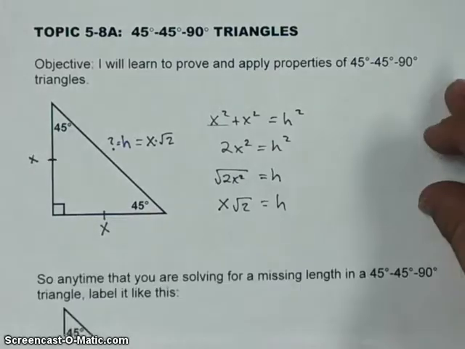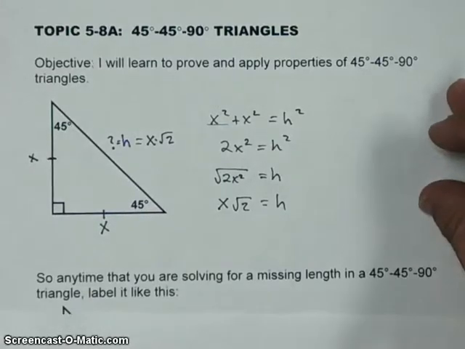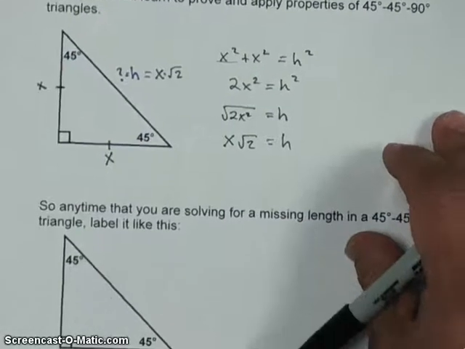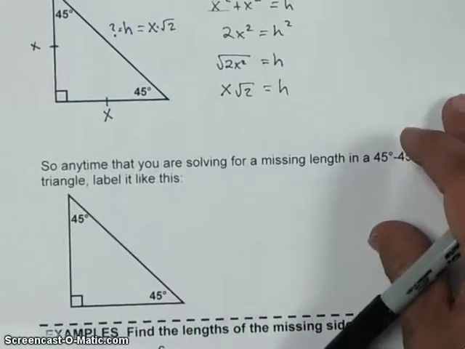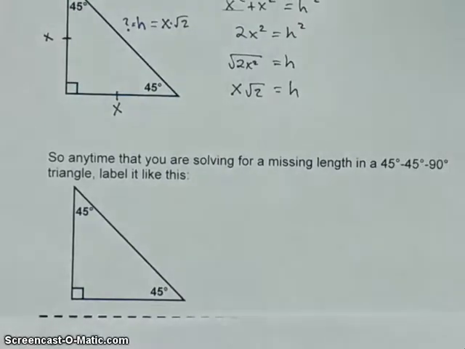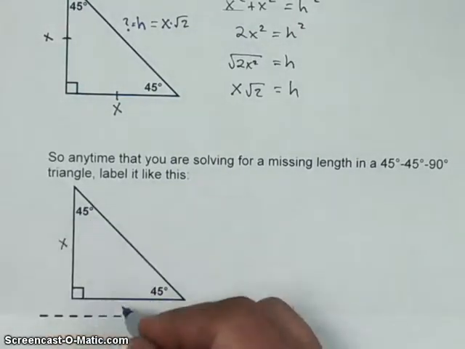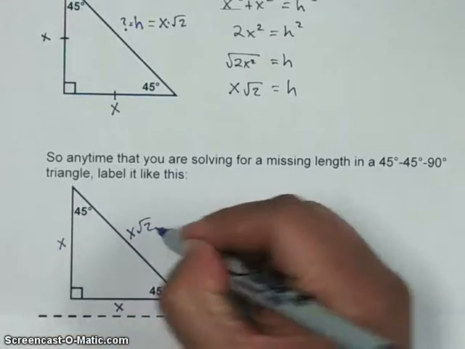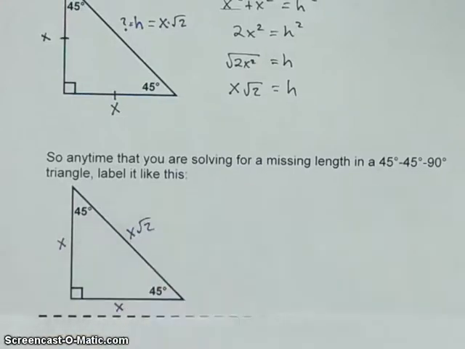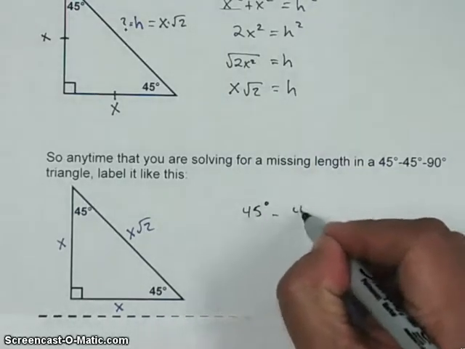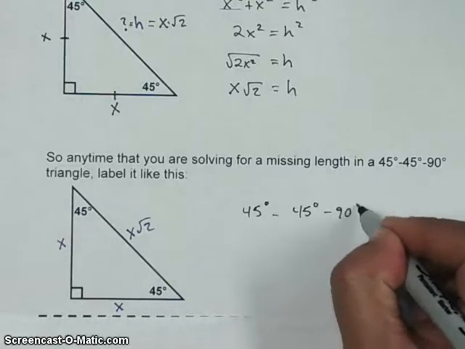Okay, so anytime that you're solving for a missing length and you happen to have a 45, 45, 90 triangle, we're going to label it this way. We're going to put x on this side, x on this side, and then this would be x square root of 2. The way I like to label these: you have a 45, 45, 90.